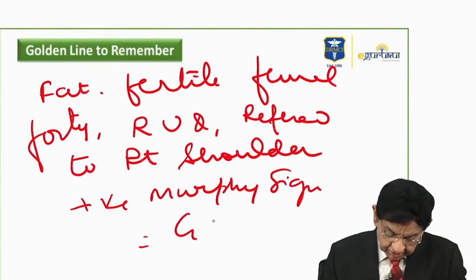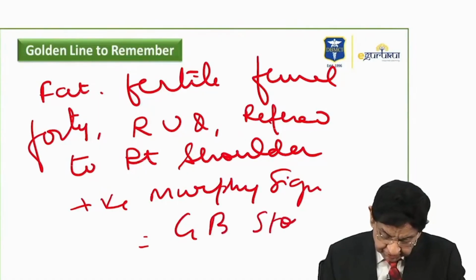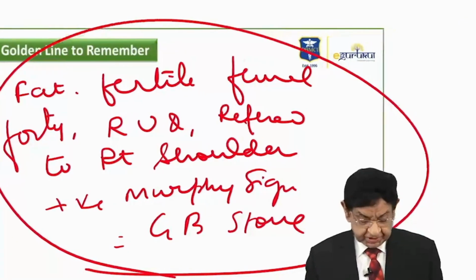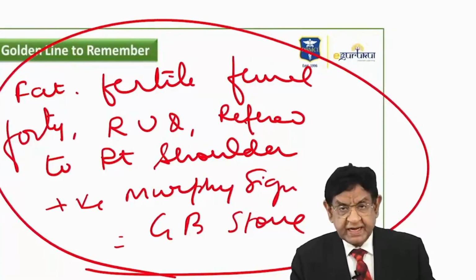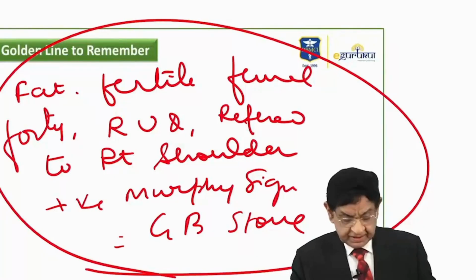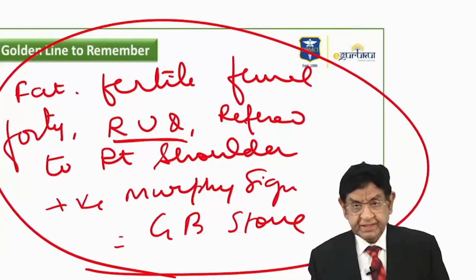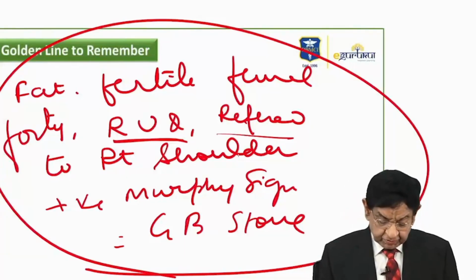This is a gallbladder stone. A fat, fertile female of 40 years coming with right upper quadrant pain, and that pain is referred to the right shoulder.